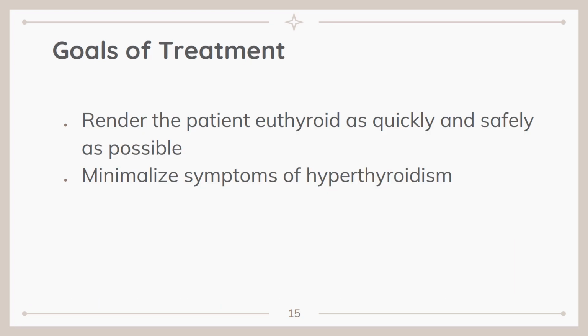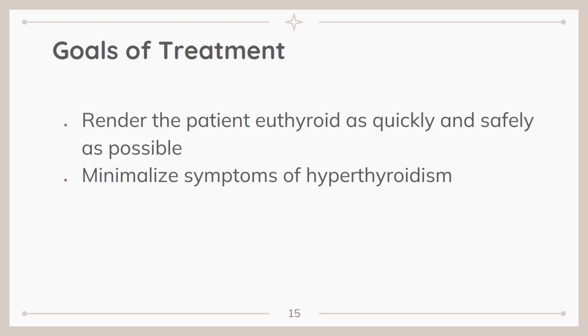So for goals of treatment in hyperthyroidism, we want to make sure that the patient is euthyroid as quickly and safely as possible. And if it does not happen safely, it can render the possibility of the patient switching to the opposite problem, which would be hypothyroidism. Between hypo and hyperthyroidism, one condition is not necessarily worse or more dangerous than the other.